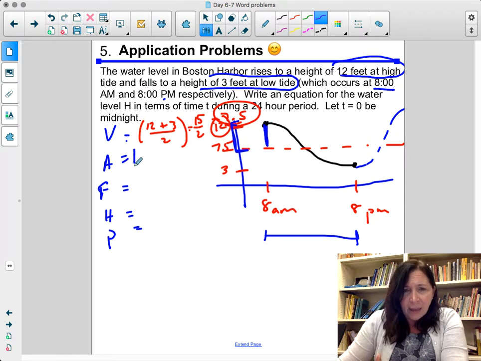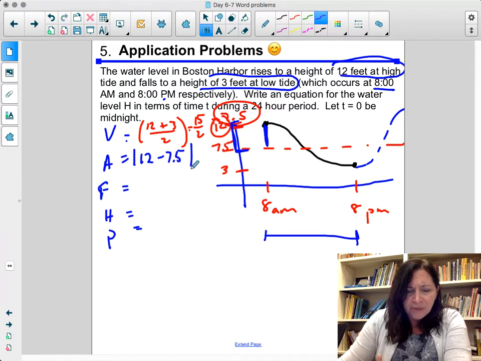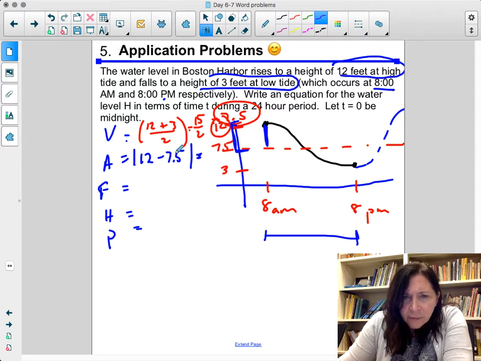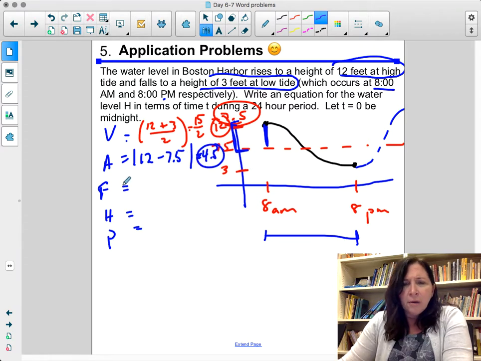So we take the absolute value of 12 minus 7.5, and that's 4.5. So my amplitude is 4.5.